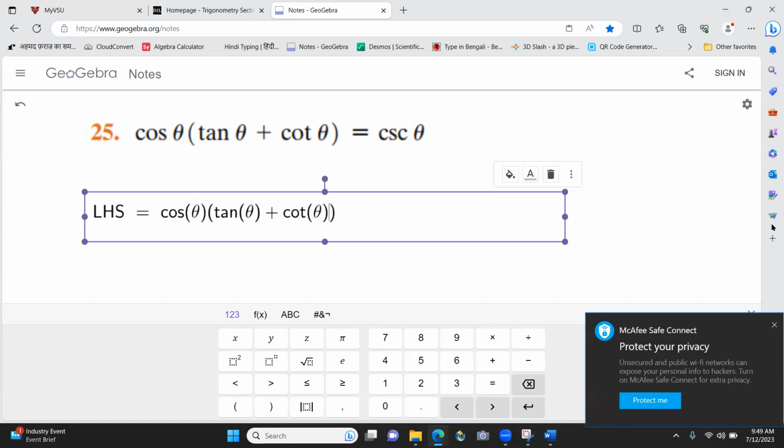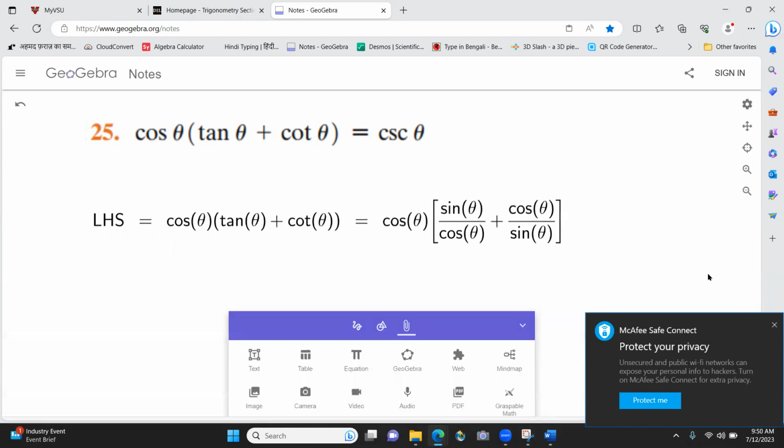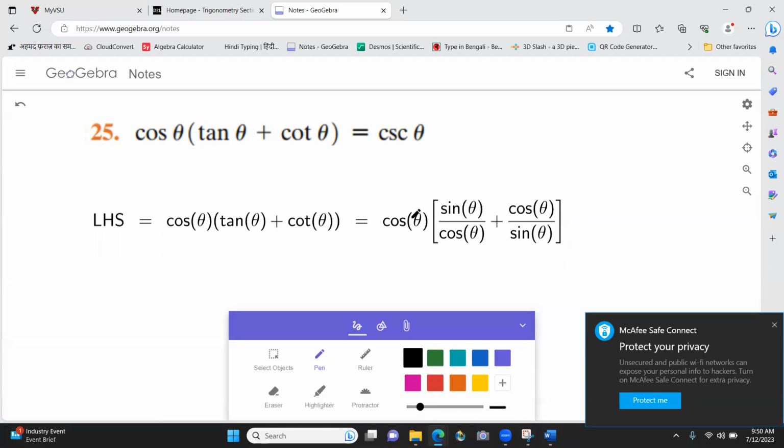Now, you can do these things differently, okay? There's not just one way you can do them. There are multiple ways you can do them. So I am going to write here, instead of tan, sine theta over cosine theta. Plus cotangent is cosine theta over sine theta. All right. Now, when I distribute this over, multiply these two, this will be gone, this will be gone.